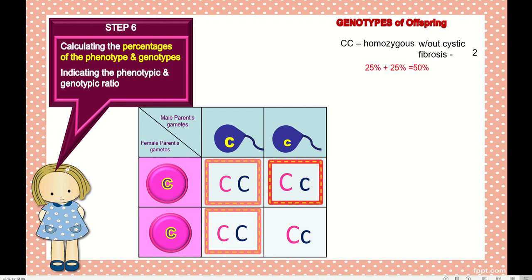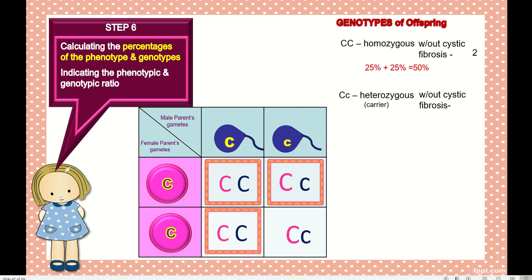Now the next genotype is a different one. So we take this in a different way. Capital C and small c. So capital and small, hetero. And remember, all heteros are carriers for cystic fibrosis. But which one?